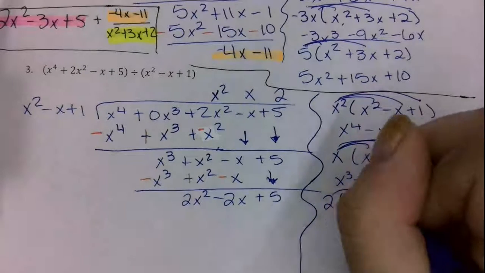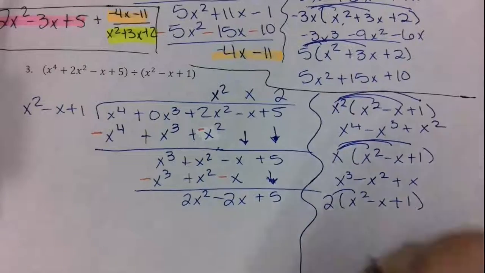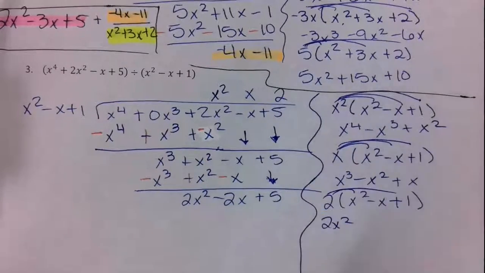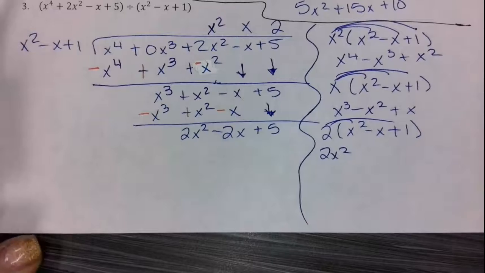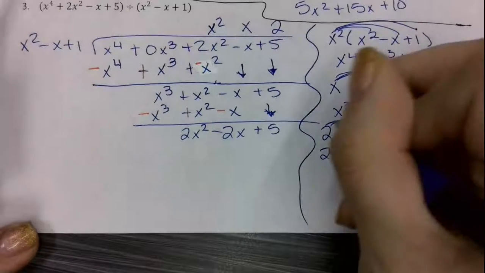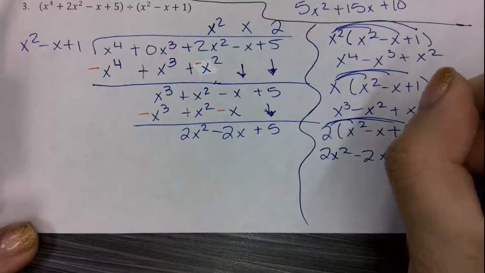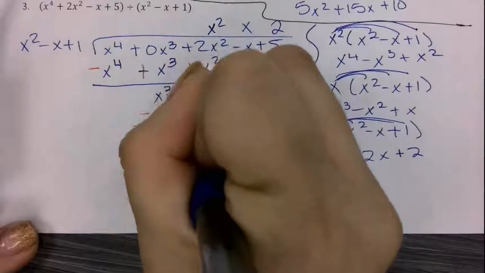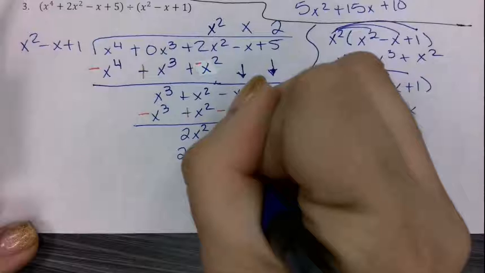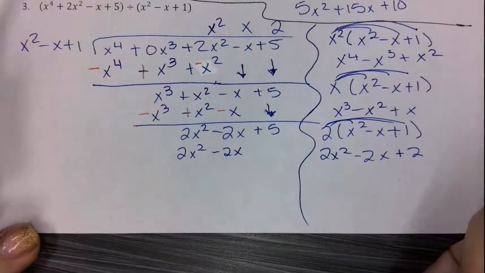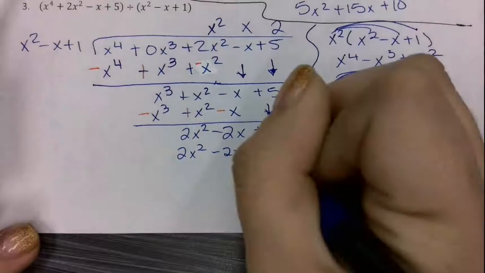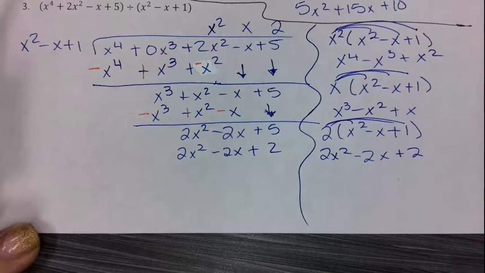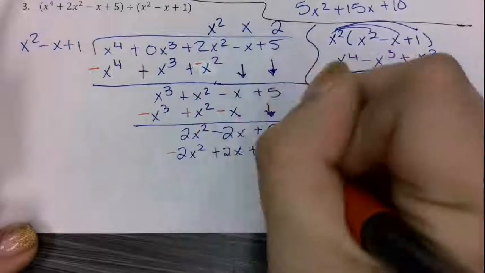Okay, what is 2 times x squared? 2 times negative x. And 2 times 1? 2. Okay, so then I changed my signs.